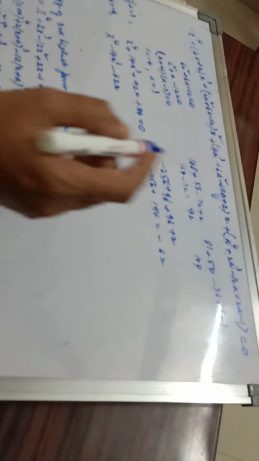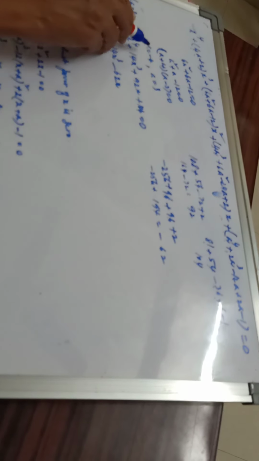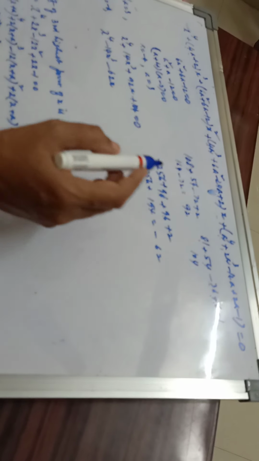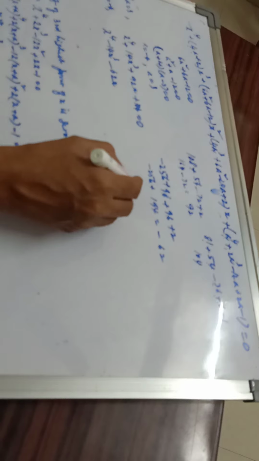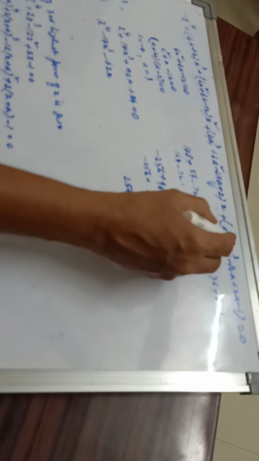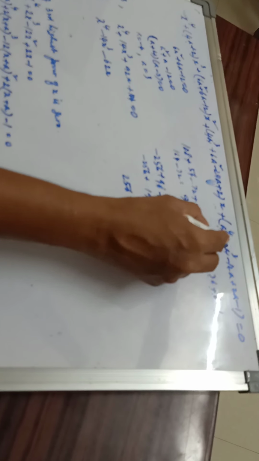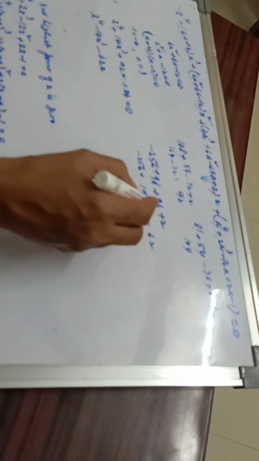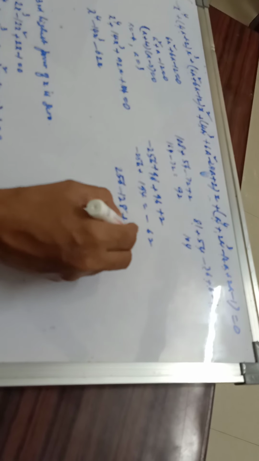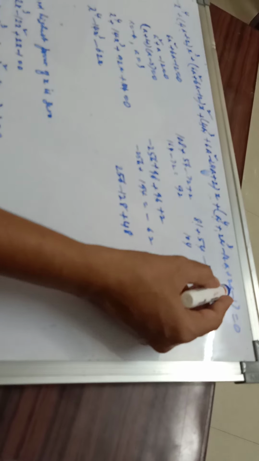Now here also you put a is equal to minus 4 to get the second equation. Minus 4 whole power 4 is, when minus is raised to an even power, it will become positive, that is 256, 4 to the power of 4. Minus 4 whole cube is minus 64 into 2, minus 128. If you put a is minus 4, minus into minus plus 12 4s are 48.